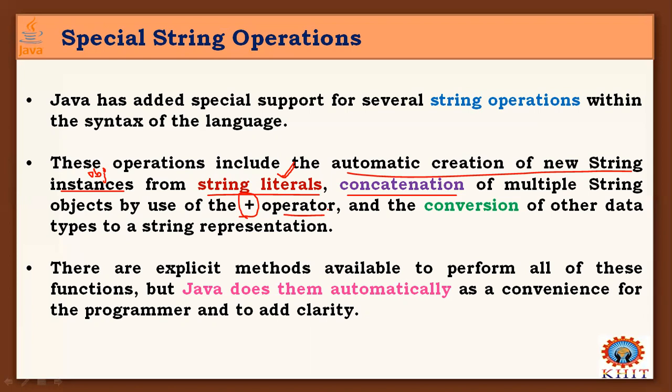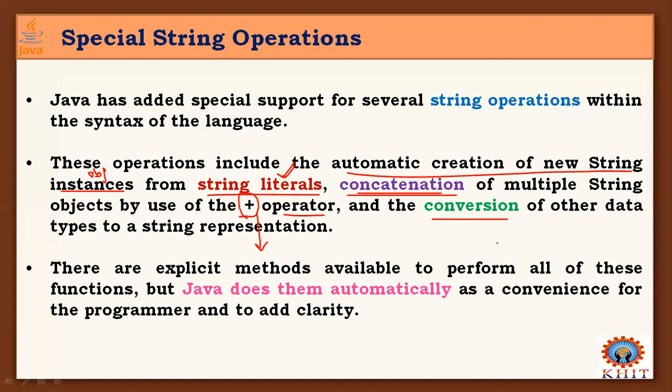But operator overloading is not included in the Java language, but from this context point of view, the operator is overloaded for concatenation of the string objects, to concat the two string values contained in those objects. And another operation is conversion.